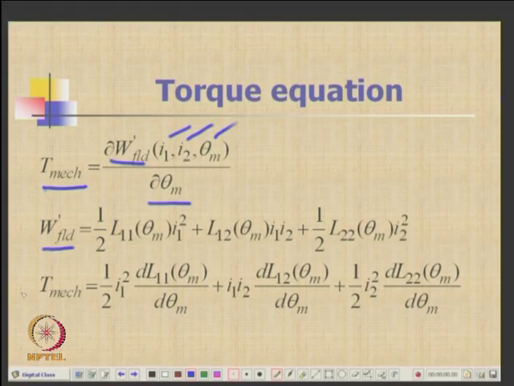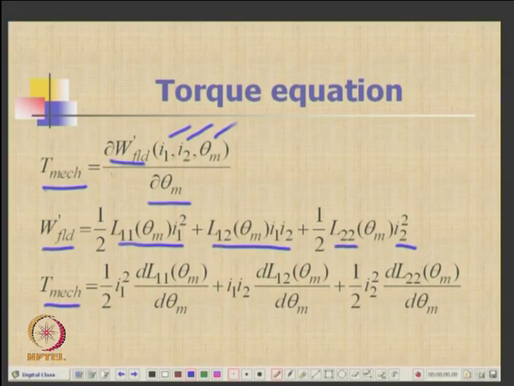That is how much energy is stored in the magnetic field. Here the magnetic field is mostly in the air gap; you do not expect any energy to be stored in the iron. So, this is W field dash, we call it co-energy, which will be L11 I1 square, L12 I1 I2 and L22 I2 square. I think you are aware of this from the basic principle of electromechanics, right.